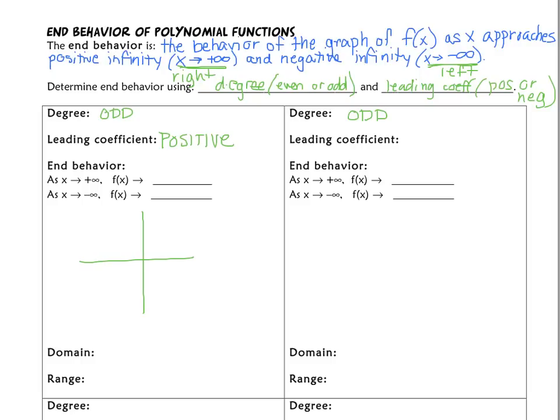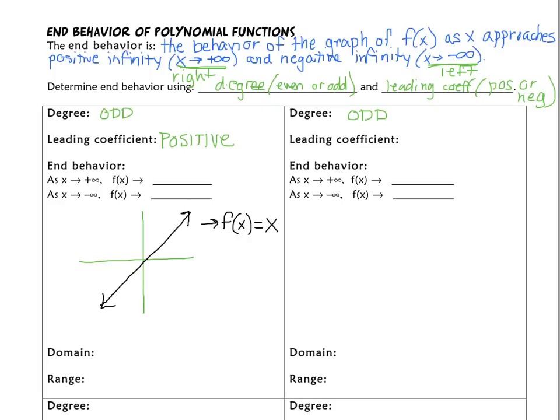Odd meaning 1, 3, 5, 7, right? The smallest odd degree is 1. A function with a degree of 1 would be a line. And if the leading coefficient's positive, the slope is going to be positive. So basically what I drew here is f of x equals x. Okay, that's the smallest odd degree positive leading coefficient function.